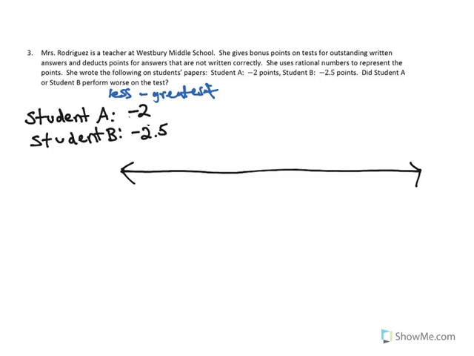Since we're working with negative numbers this time, let's make our 0 here. And we're going to be working with -2, so we'll go ahead and put -1. Oh, that's not the right side.